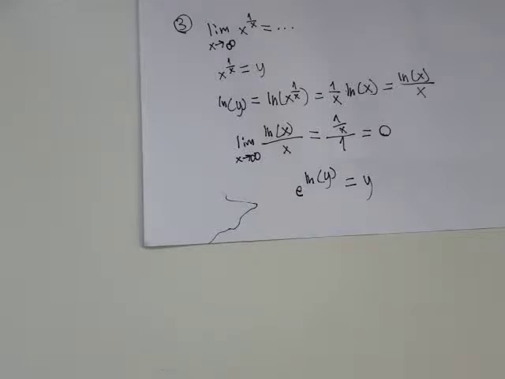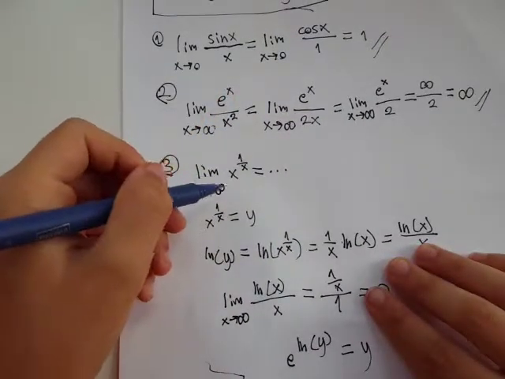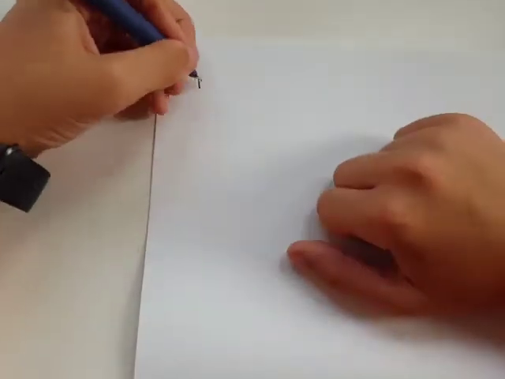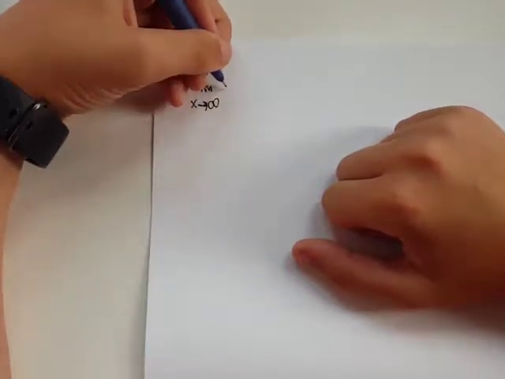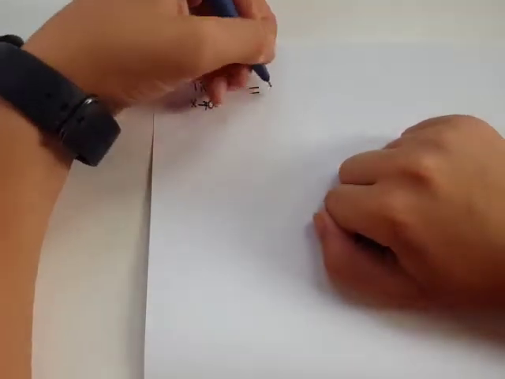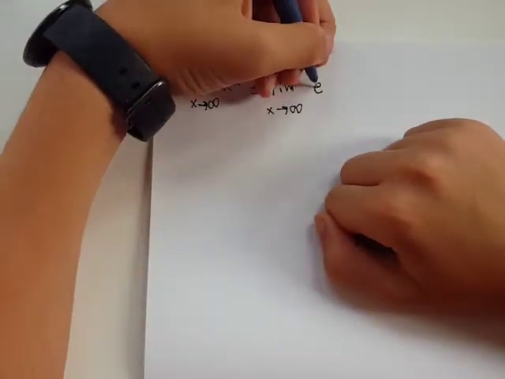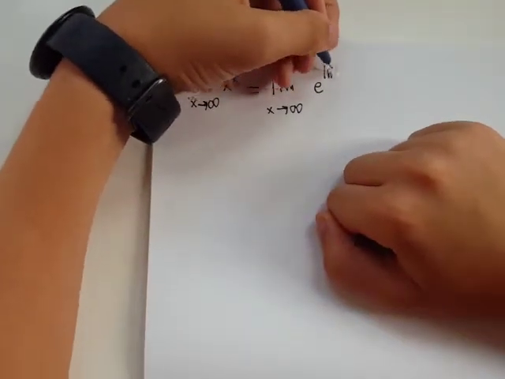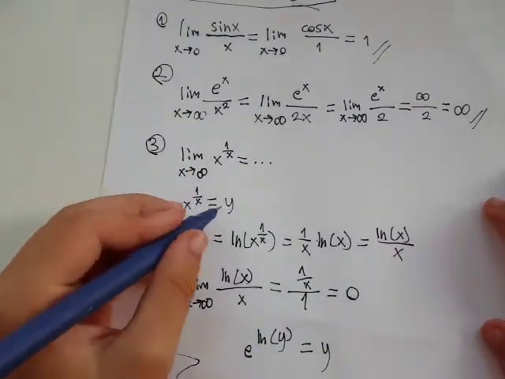So now we see that the limit that we were trying to find at the start, the limit as x approaches infinity of x to the power of 1 over x, is just the limit as x approaches infinity of e to the natural log of y. We defined y to be this.